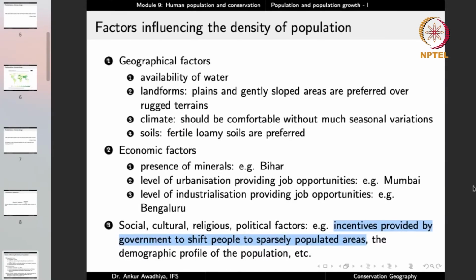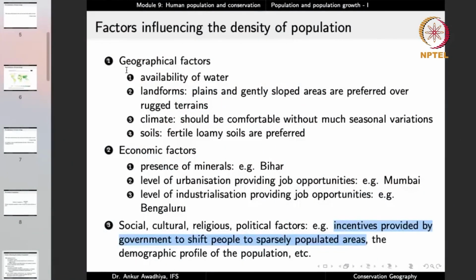How many children are being born is governed by what is the proportion of the population that is of the reproductive age. And if more children are born, then slowly the population density would go up. Similarly, those areas where we have lots of political turmoils will have a lesser population density because people flee from those areas.